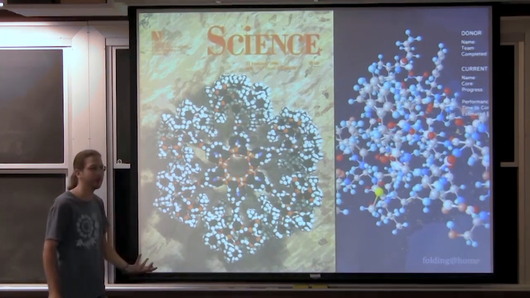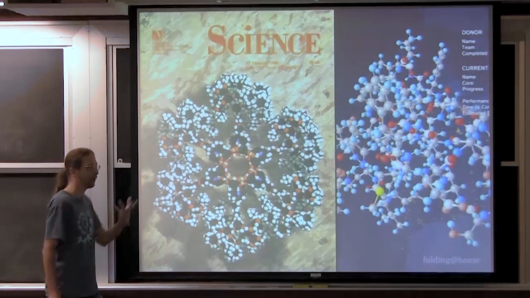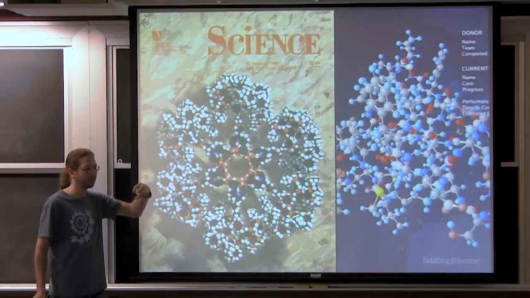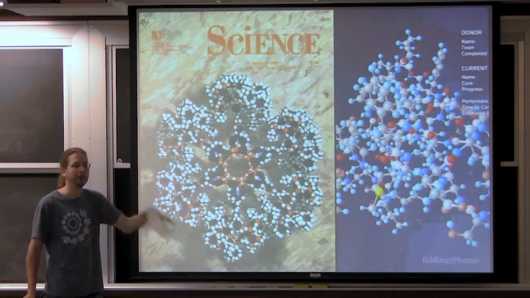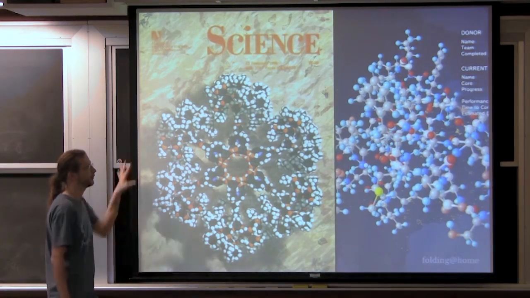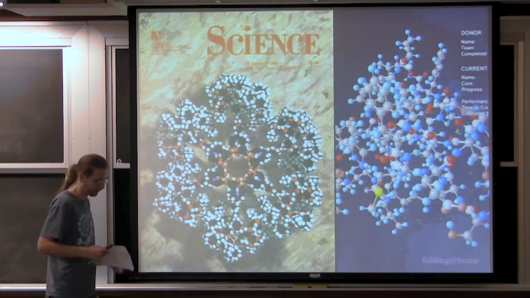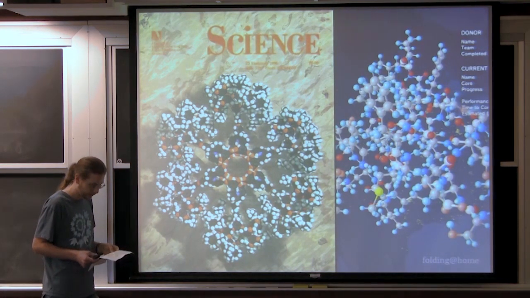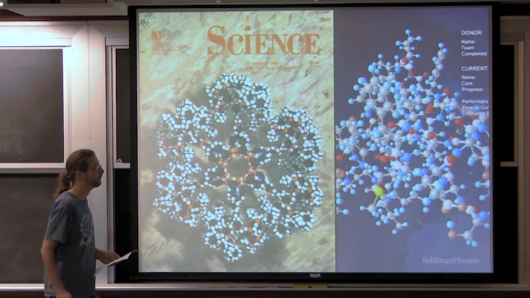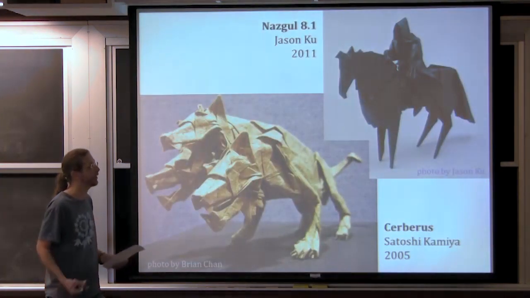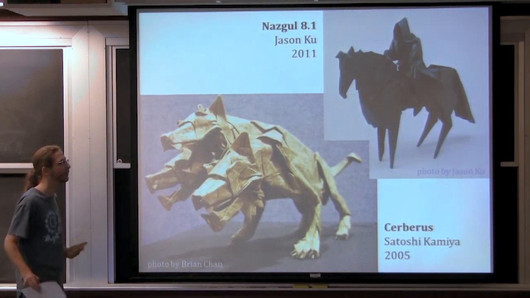You want to kill a virus without killing the host. Design a protein that folds into the right shape so that it kills one thing and not the other. That's the sort of general goal, and we have some cool things which we will cover in this class related to that.